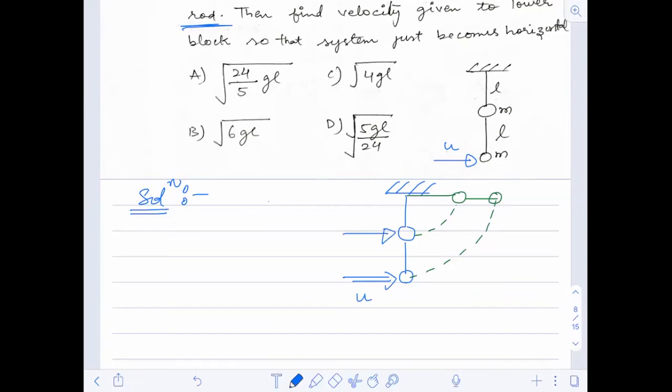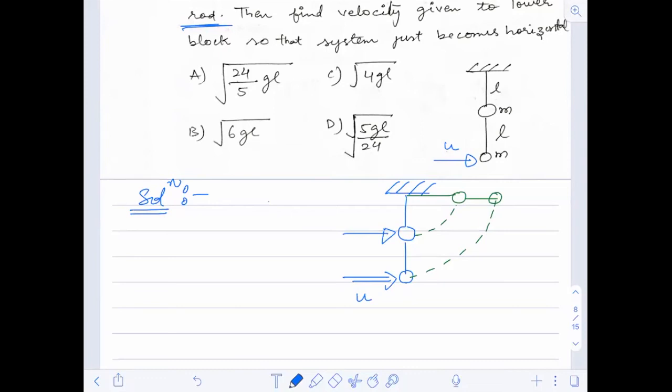My question is, if I am giving U velocity to the lower block, what will be the velocity of the upper block? All those who have solved the question, if the velocity of lower is U, what will be the velocity of upper block? I got one answer, U by 2.